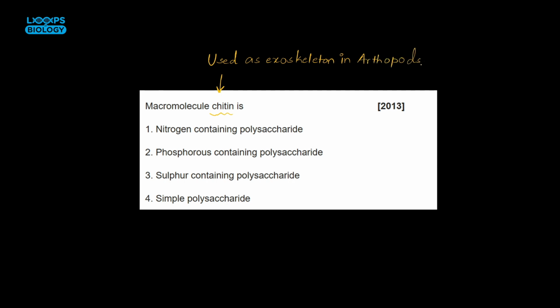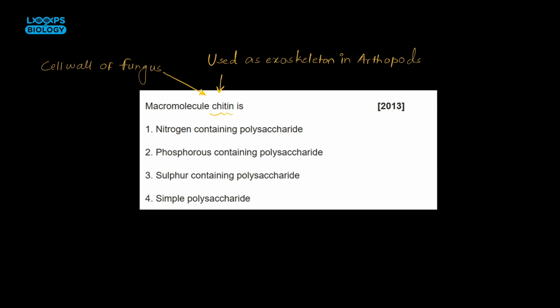So arthropods are organisms with jointed appendages. Their exoskeleton, that means the covering, is basically made up of chitin, and that is also present in the cell wall of fungus.